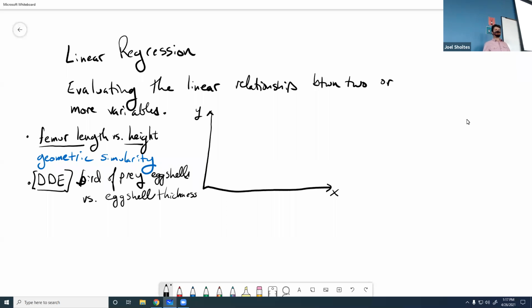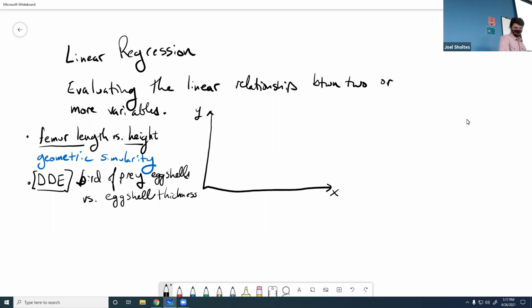Behind all of these things are biophysical, physical, electrical, whatever relationships. There's some fundamental process linking A to B, Y to X. Linear regression attempts to find that from a statistical standpoint, but you can't necessarily prove causation.